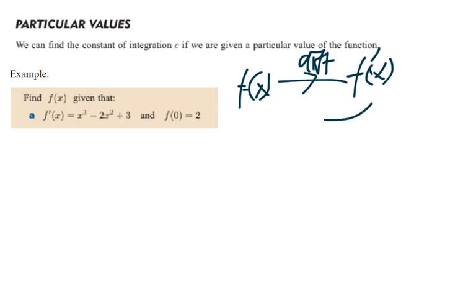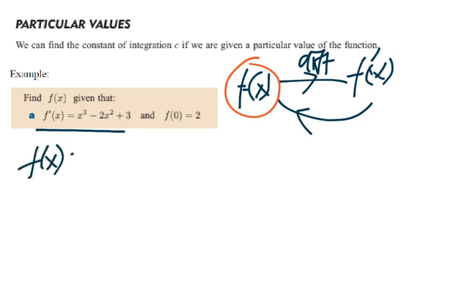So in reverse, if you are given f'(x), you will be able to find the function f. The same concept applies here, where you are given f'(x) and you are asked to find the function f. To get the function f, what you need to do is to integrate.